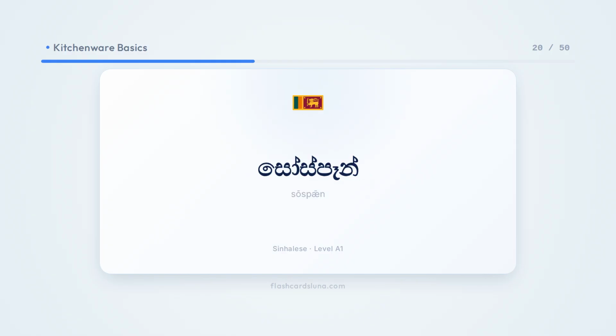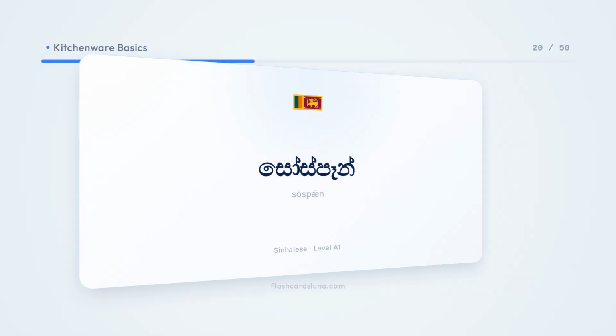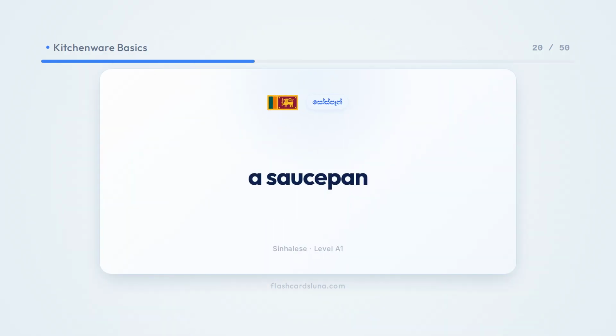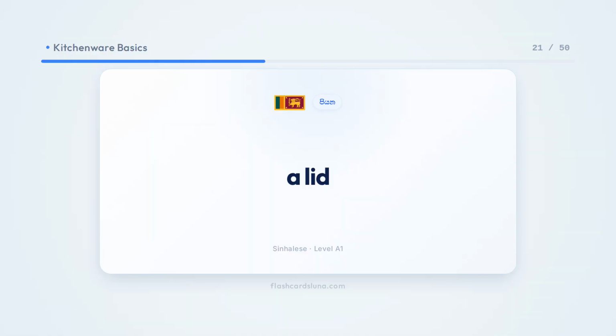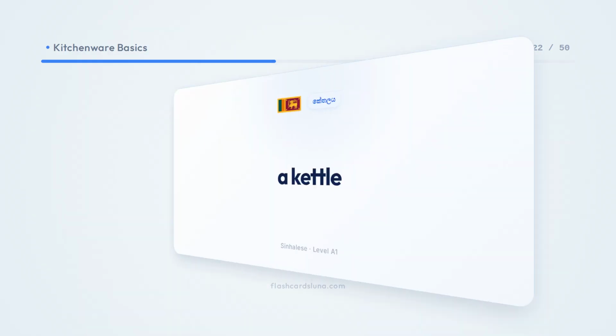Suspinning, a saucepan. Paini, a lid. Kotale, a kettle.